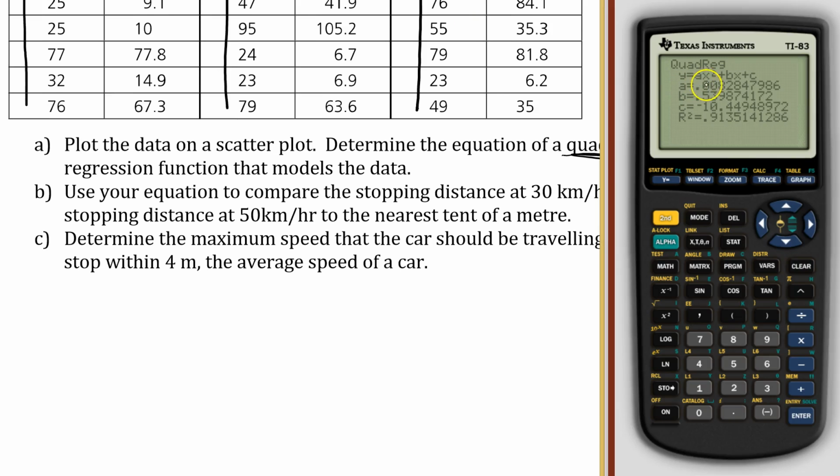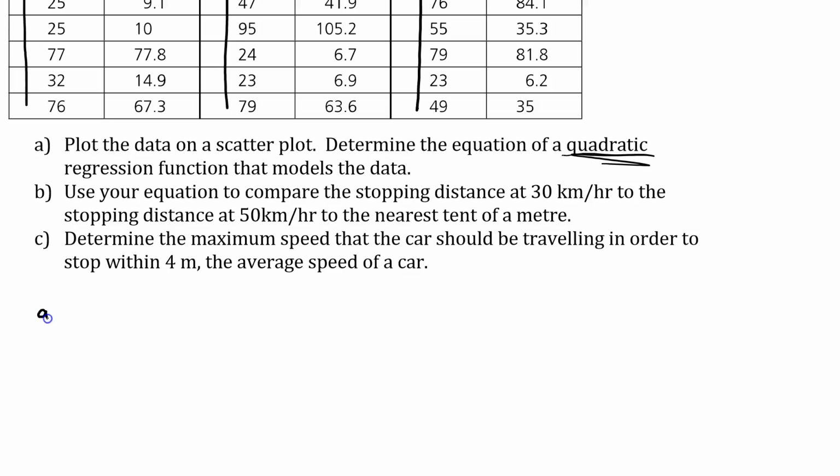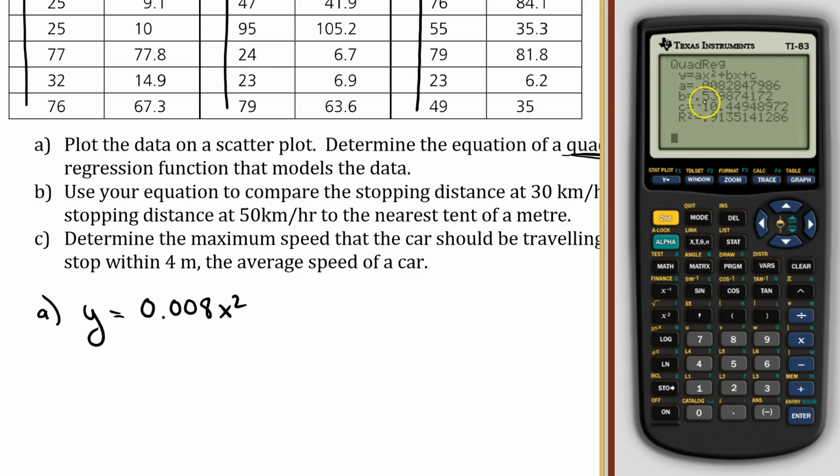So I have y equals ax squared, but a is 0.008. So answer to A is y equals 0.008x squared. 3 decimal places is good. Plus bx, but b is 0.5398. So this actually gets rounded up to 0.540.